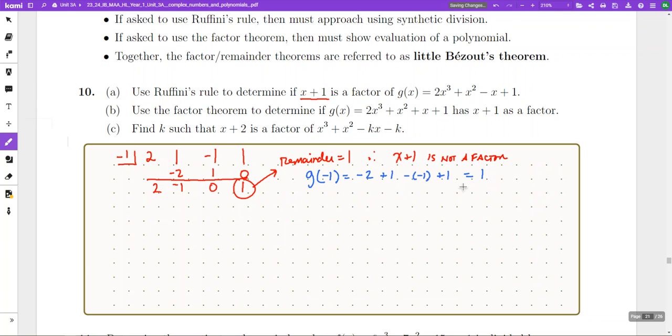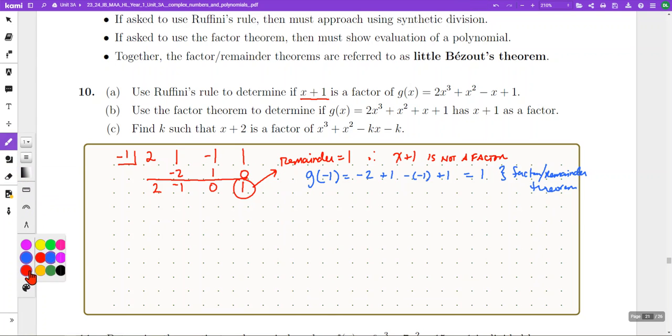And so once again, I can see that I have a remainder of 1. x plus 1 is not a factor. But this approach in blue, this would be using the factor and the remainder theorems, which tend to be easier in most cases, also known as Little Bézout's theorem. So for A, I would have to do the work in red.